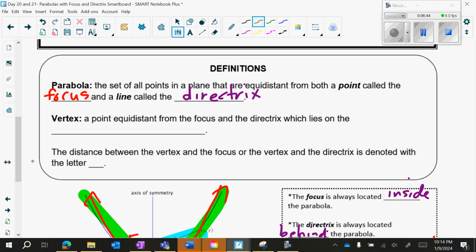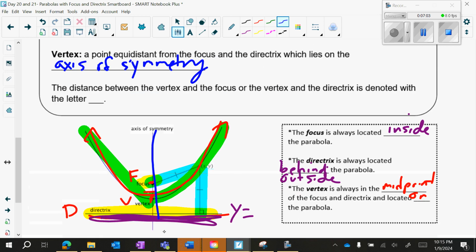It's called the maximum or the minimum of the path. So the vertex is a point equidistant from the focus and the directrix. The vertex always lies on the axis of symmetry. I don't know if you learned axis of symmetry in the past, but in this case it's a vertical line here that, if you folded the parabola in half, it would be symmetrical around.